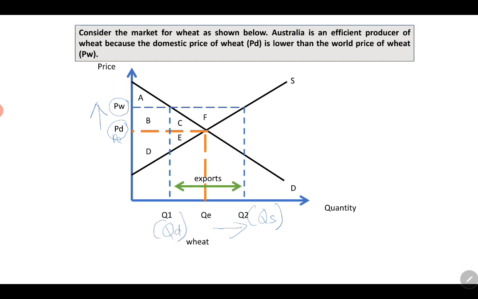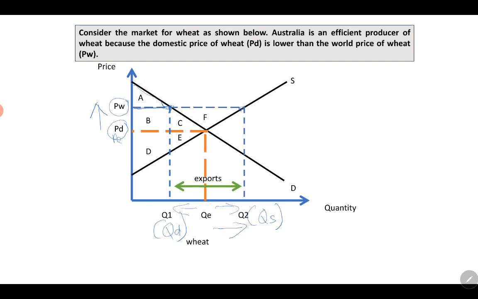The difference between quantity demanded and quantity supplied will be your export, because your domestic demand is Q1 but the supplier is supplying at Q2. I already explained why: when price increases, quantity supplied will increase but quantity demanded will reduce. The area of A here will be our new consumer surplus due to the increase in price.